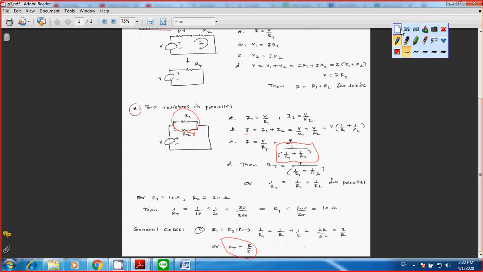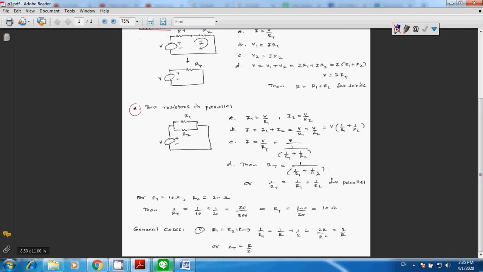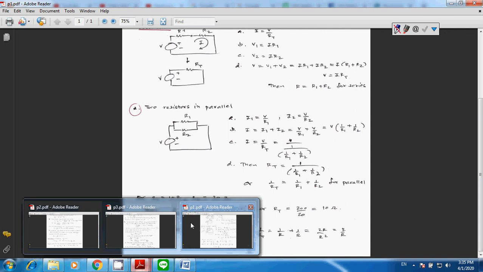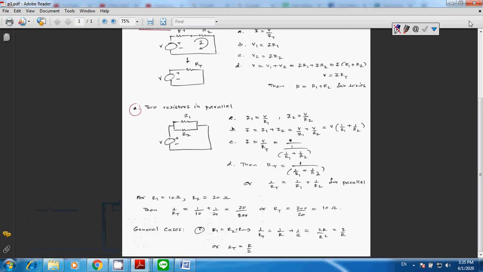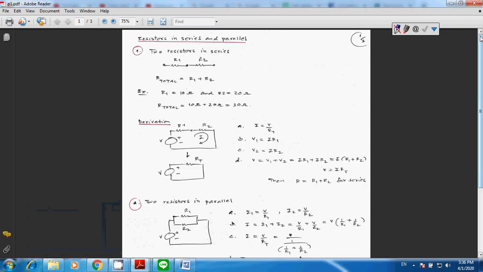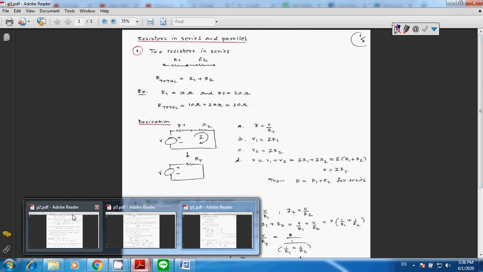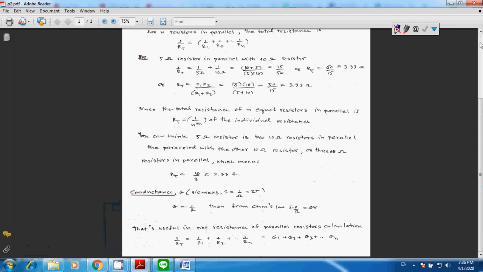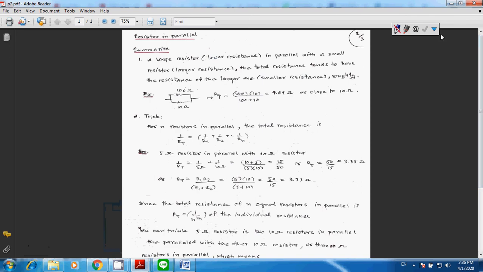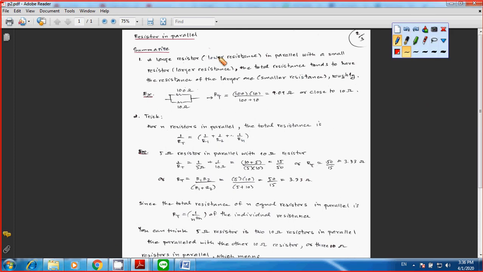Okay, let's move to the next page. Now take a look at resistors in parallel. I summarize right here.